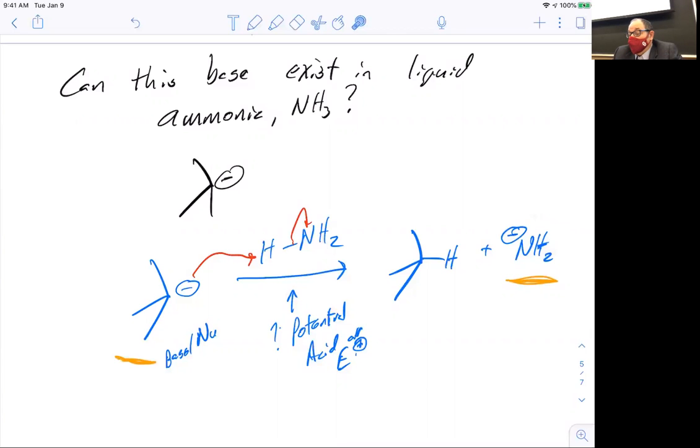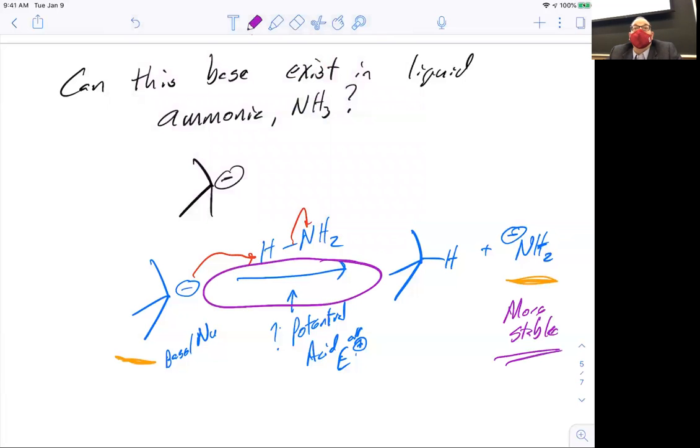So if we think about this, this is an sp3 carbon, this is an sp3 nitrogen. Which one of these two is more stable? The sp3 nitrogen is more stable than the sp3 carbon. Right? So that means that this reaction going forward is the reaction that's going to occur.